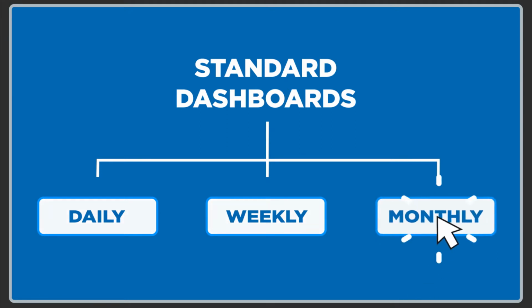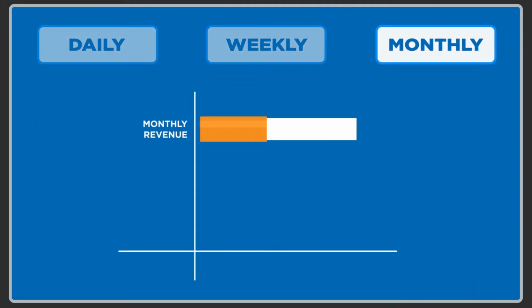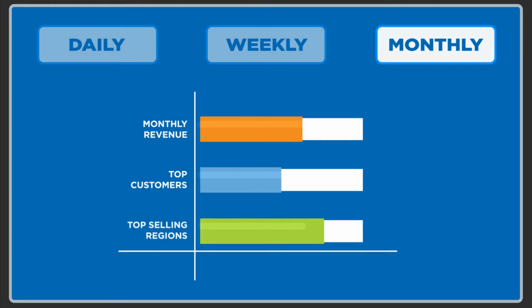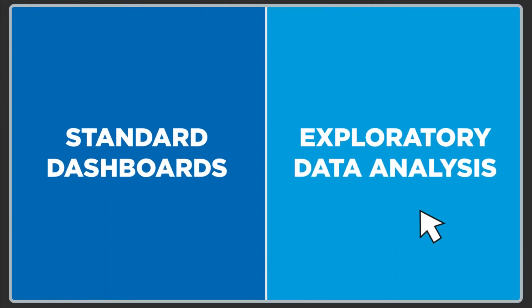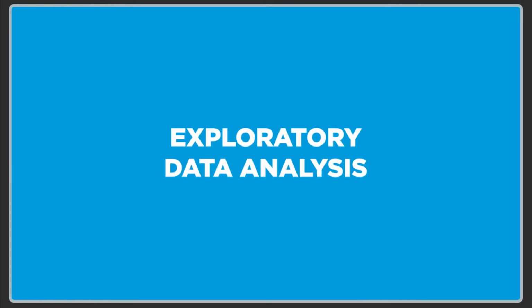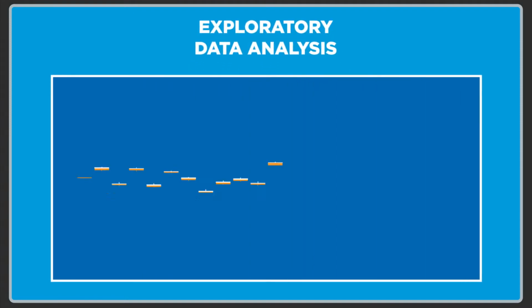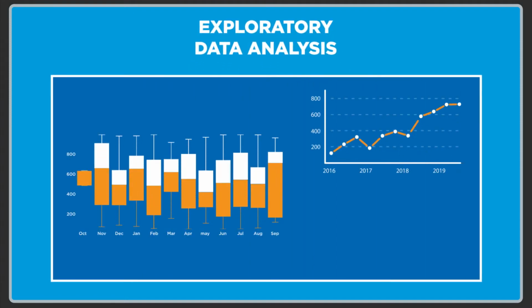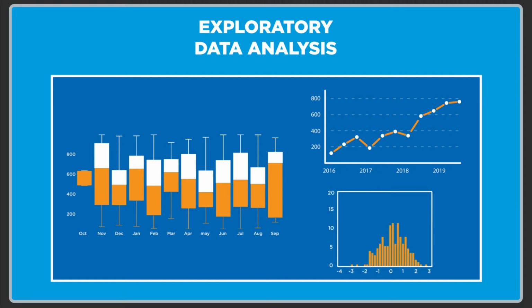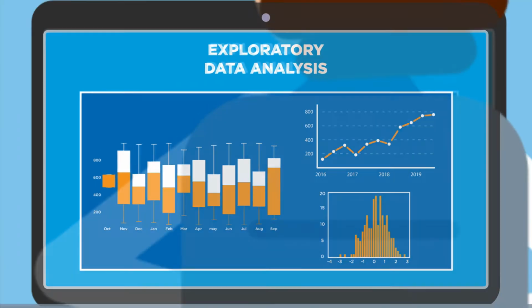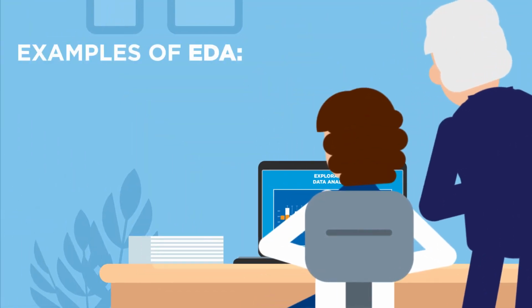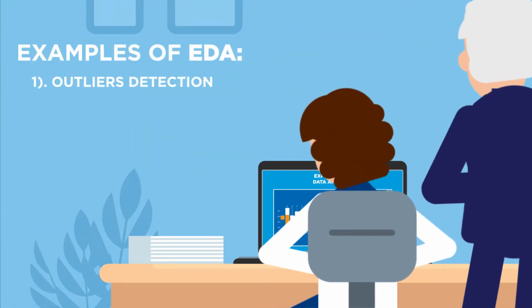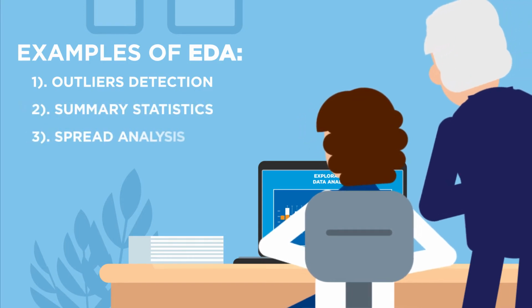Some examples of such dashboards include monthly revenue, top customers, top selling regions, etc. Exploratory data analysis or EDA, on the other hand, refers to the critical process of performing initial investigations on data to discover patterns, spot anomalies, test hypotheses and check assumptions with the help of summary statistics and graphical representations. Some examples of EDA include outlier detection, summary statistics and spread analysis.